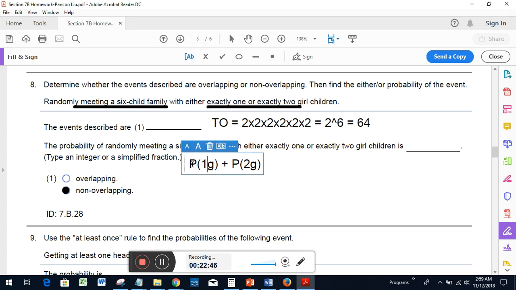Okay. Now, we do need to sit down and figure out all the combinations for each event.